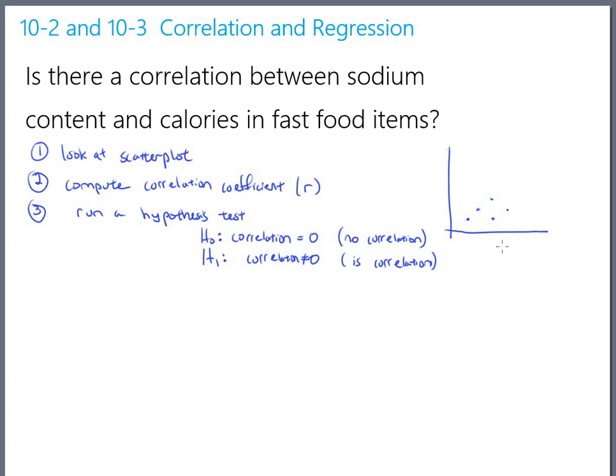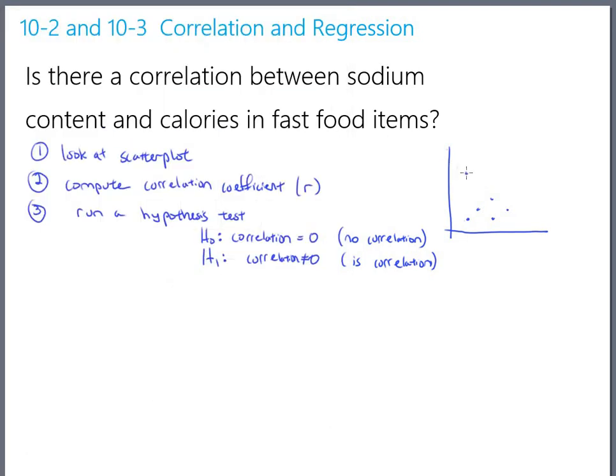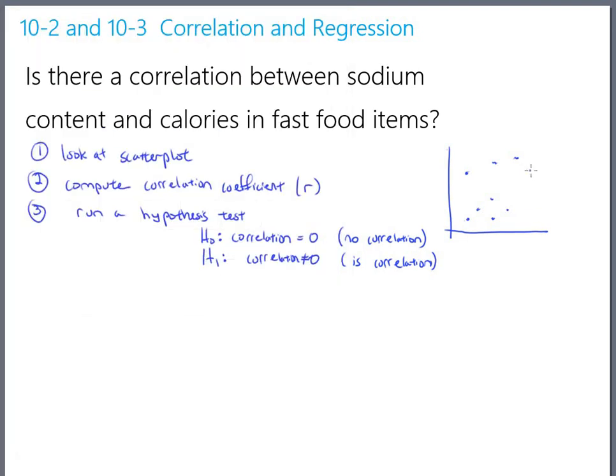Hopefully you can look at your paper and the StatDisk at the same time. So get 5 in there, and there's kind of 1 up over here. 1, 2, 3, and a little cluster over here. There, and there are a few up there. So do take a little time. Like I said, that took me probably 60 seconds or less. But give me a little bit of accuracy for the scatter plot.